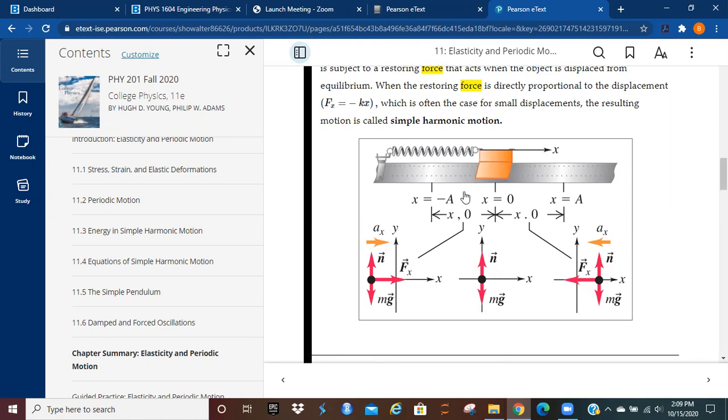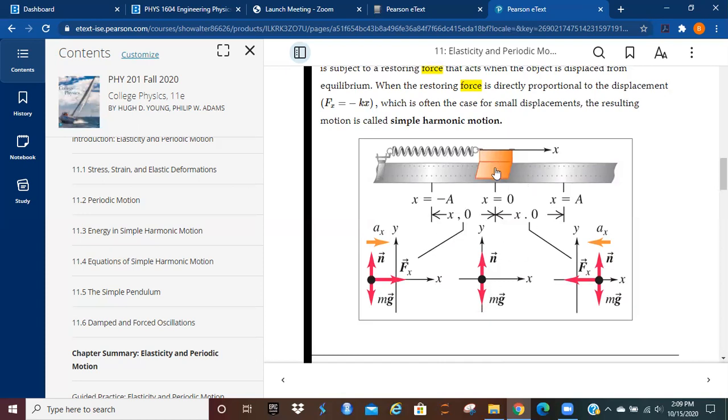And it is going to oscillate between some distance a away from the equilibrium and then some distance minus a on the other side. So it's going to go through those extreme amplitudes and work its way back and forth and back and forth.